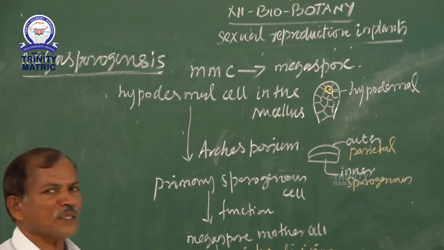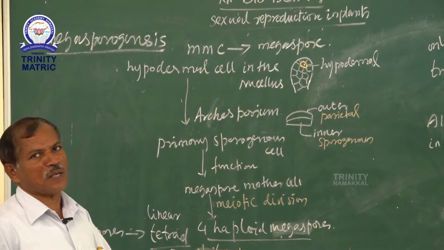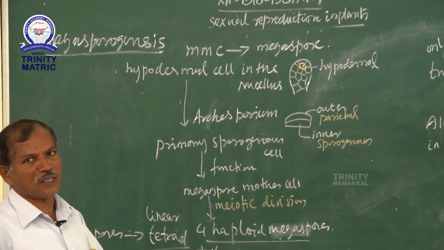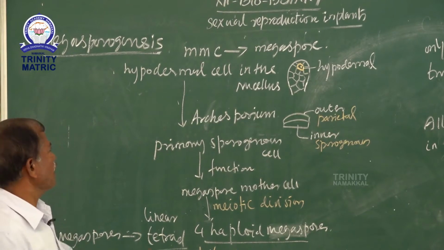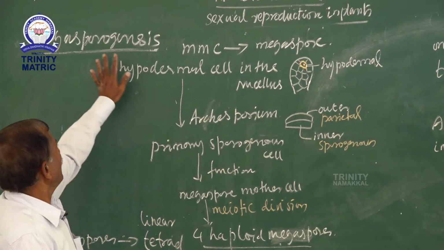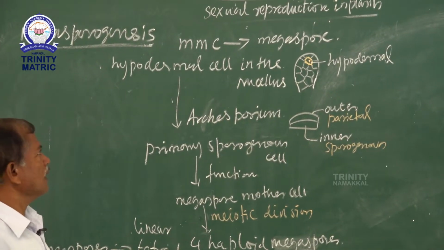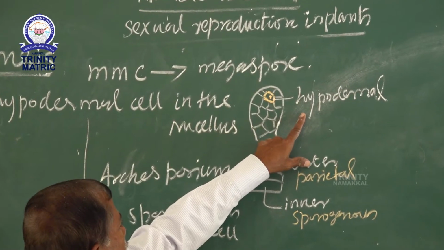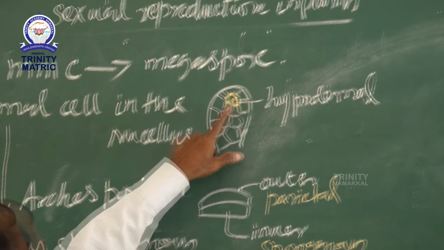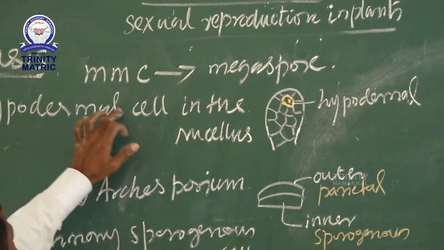The next topic is megasporogenesis, or development of the female gametophyte. The process of development of megaspores is called megasporogenesis. Megasporogenesis takes place in the hypodermal cells. A hypodermal cell of the nucellus gives rise to the megaspore mother cell.